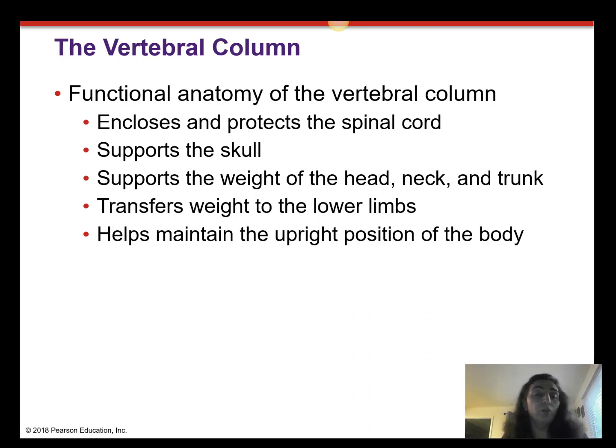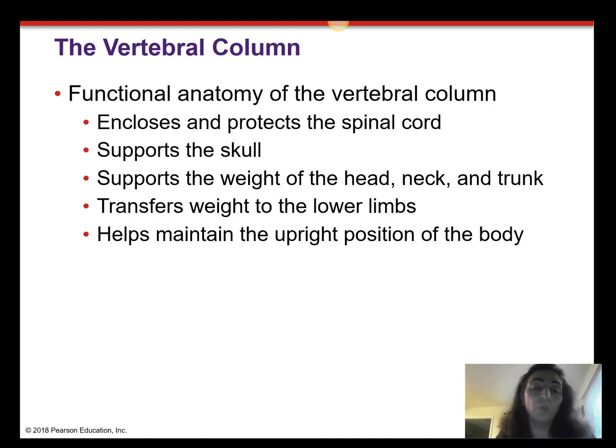Now, the functions of the vertebral column. The vertebral column encloses and protects the spinal cord. It is like a cage with the whole spinal cord inside, and all these bones are covering and protecting it from outside. It supports the skull, as the skull is located over the vertebral column, so it supports the weight of the skull and the movements of the skull.